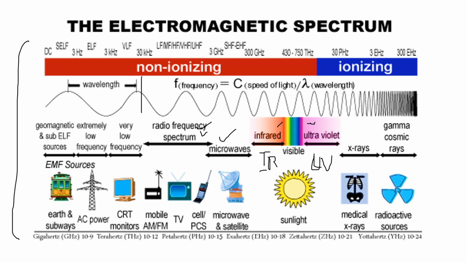Now, have you noticed that the visible region is way greater than IR, UV, and visible light? So basically, after that we have X-rays and gamma cosmic rays.